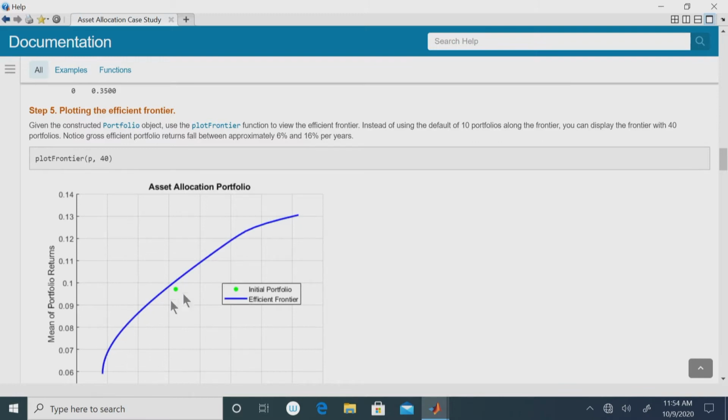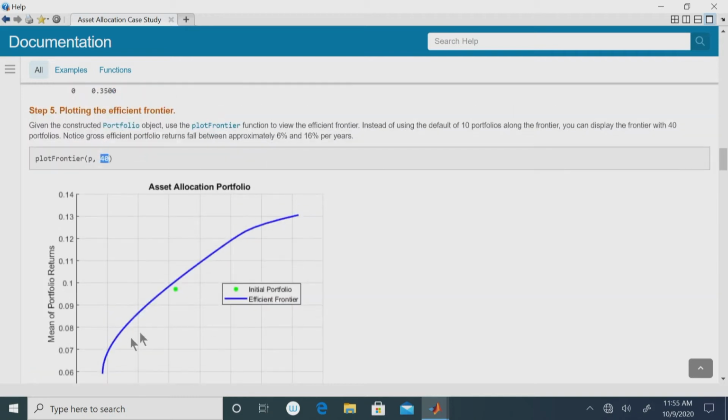The default number of portfolios that are plotted along the efficient frontier is 10, but if you want you can of course choose an efficient frontier which displays a large number of portfolios. So, in this particular case they have said that you plot the frontier. So, plot frontier is going to plot the efficient frontier, and this 40 indicates that you have 40 points, and the initial portfolio lies somewhere here, and of course, this is going to be the efficient portfolio.